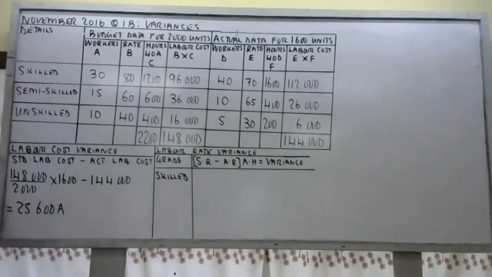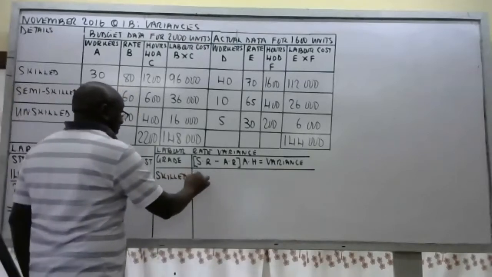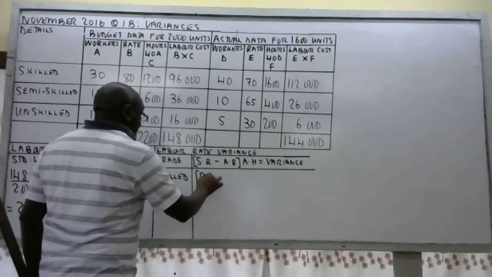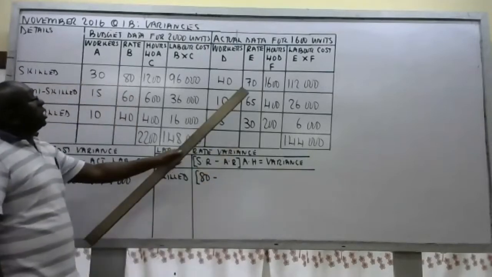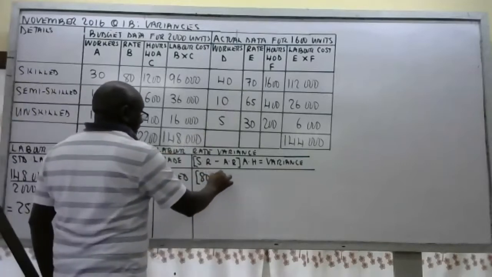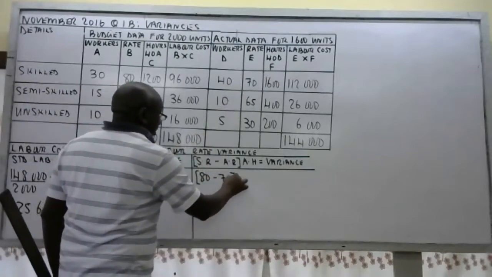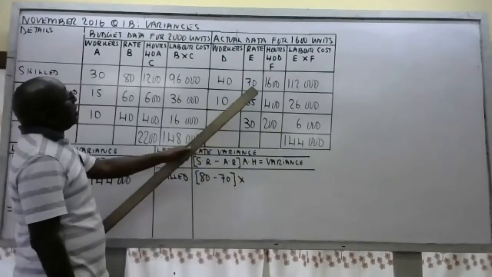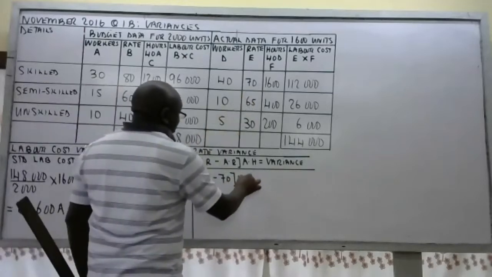For the skills, the standard rate is 80. The actual rate is 70. And the actual hours are 1,600.